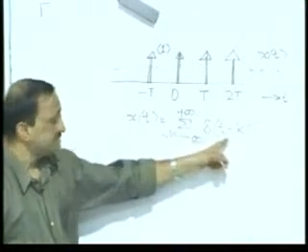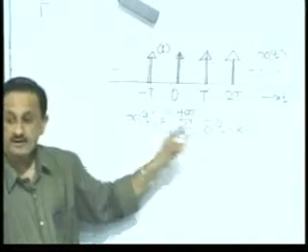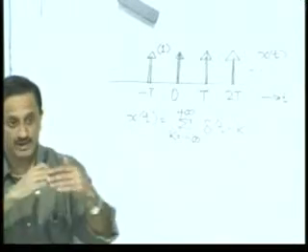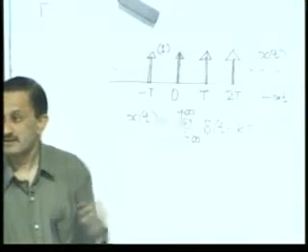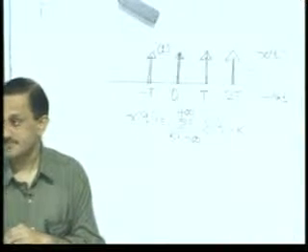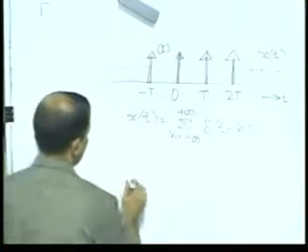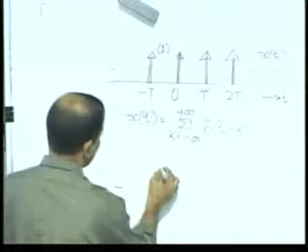This delta(t minus kT) is an impulse of strength 1 located at t equal to kT. Therefore, when you add them, you get a train of impulses. Needless to say, this is a periodic signal with a period of T. Now, we wish to convolve this with another h(t), which looks like this.